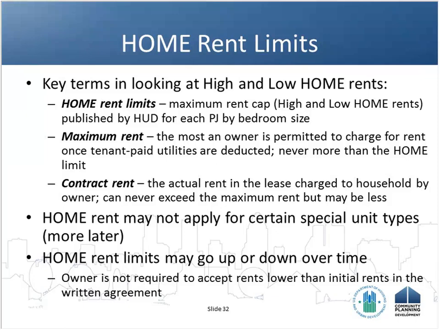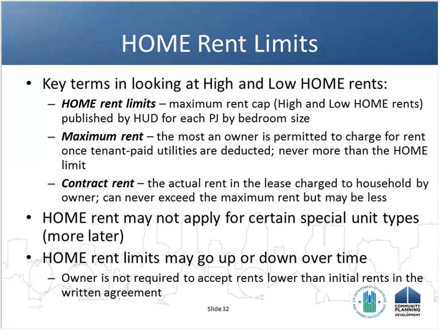So for instance, if I had an $800 HOME maximum rent, and our utility allowance schedule was projecting that that renter was going to pay $100 a month in tenant-paid utilities, that means that the maximum lease rent that we can actually charge is going to be reduced by that. So it's going to be $700 instead of $800 because we have those tenant-paid utilities that we have to make that adjustment for.